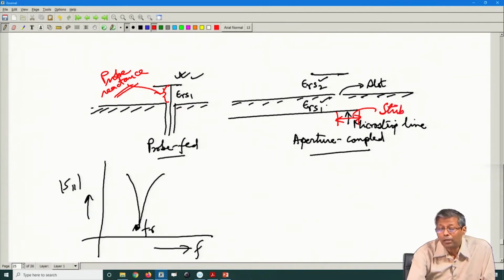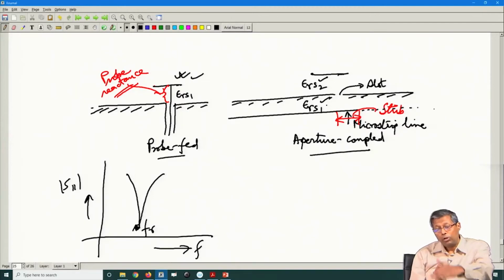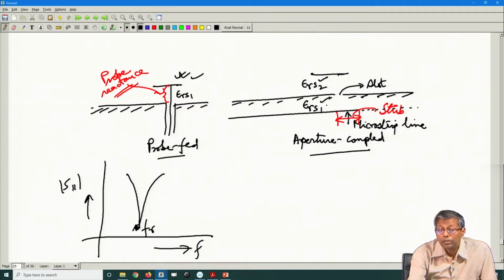It is an open ended transmission line. So, this substrate is not ending here. So, this is the substrate below the ground plane. So, this stub is used to match this patch with the feed line.